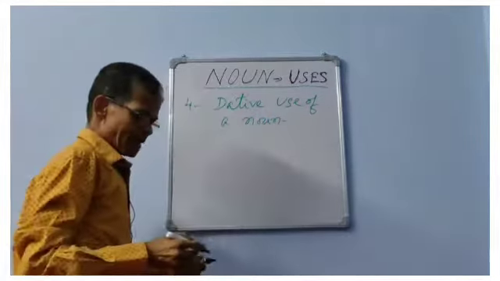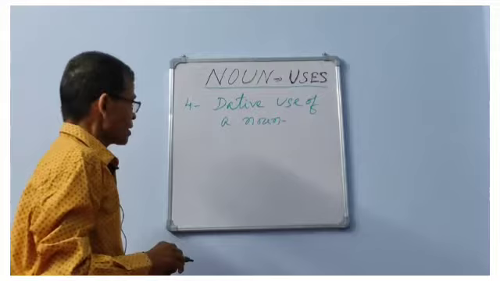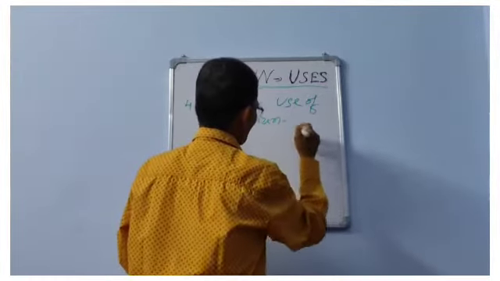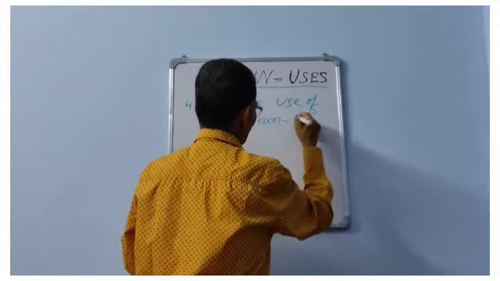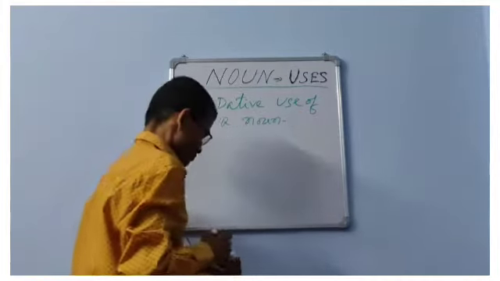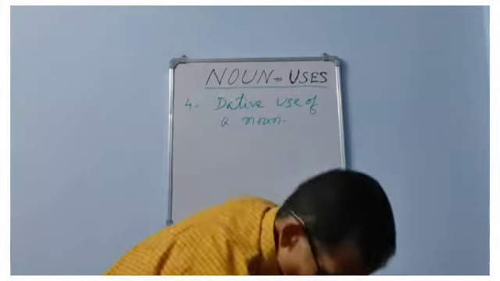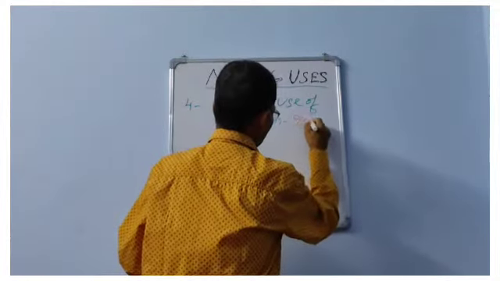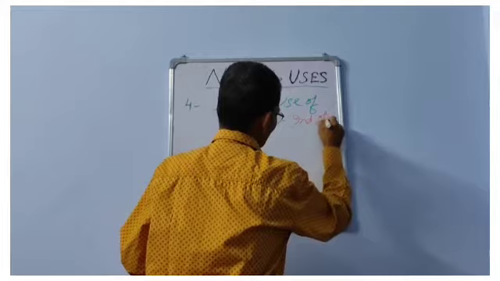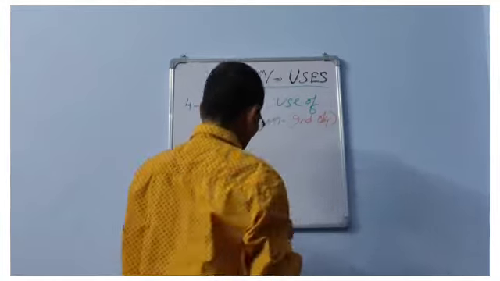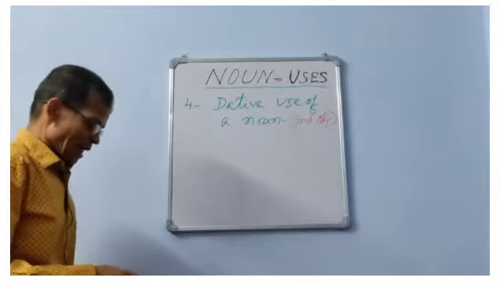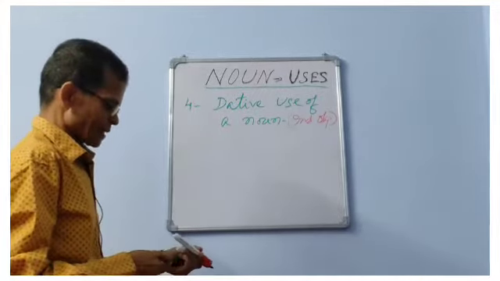Dative use of a noun, that means this is about the indirect object. Okay, dative use means the use of a noun as the indirect object.